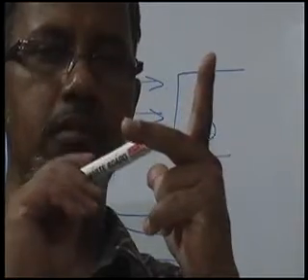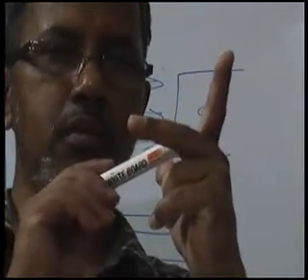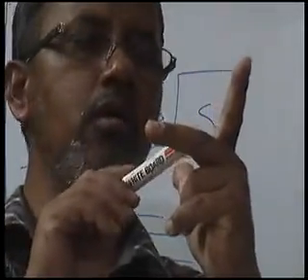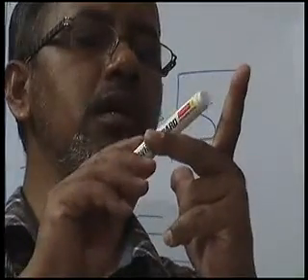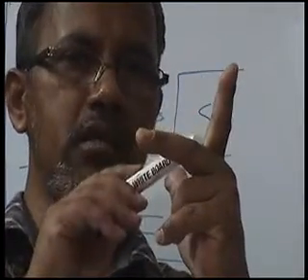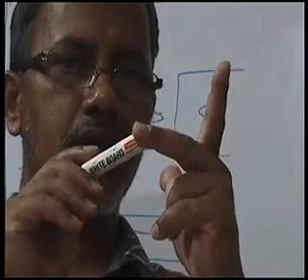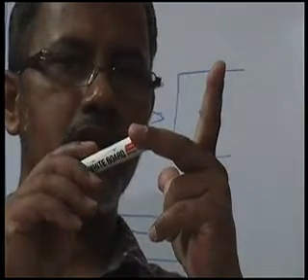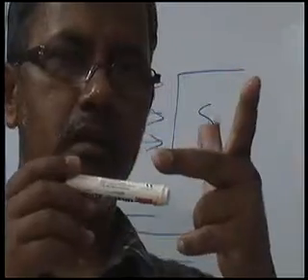That means perpendicular to the plane which both of them make. If this is the y-axis and this is the x-axis, then the motion will be along the other axis, the z-axis.